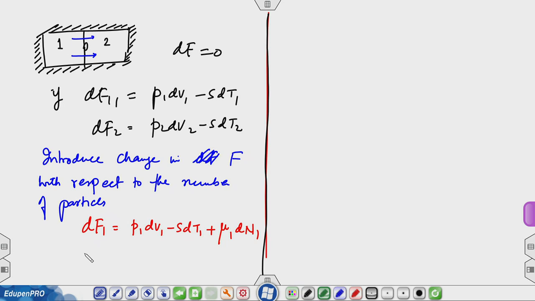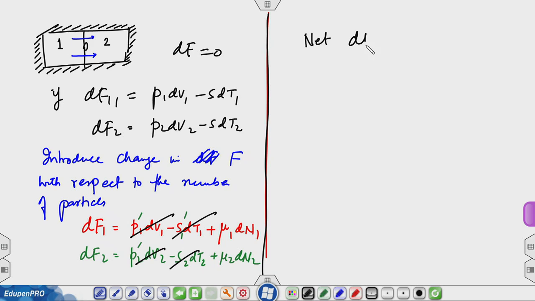And similarly, I'll write dF2 equals minus P2 dV2 minus S2 dT2 plus mu2 dN2. Now, we have already seen that these terms are 0. So, net dF is going to be mu1 dN1 plus mu2 dN2.